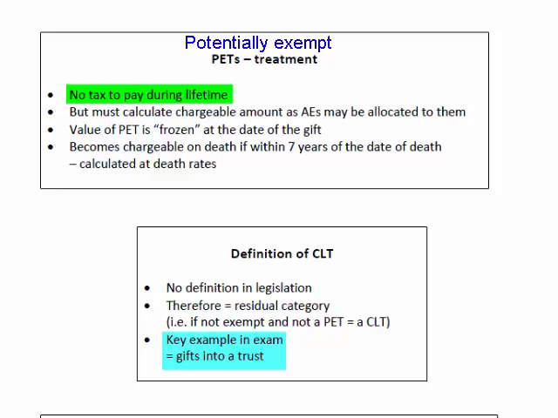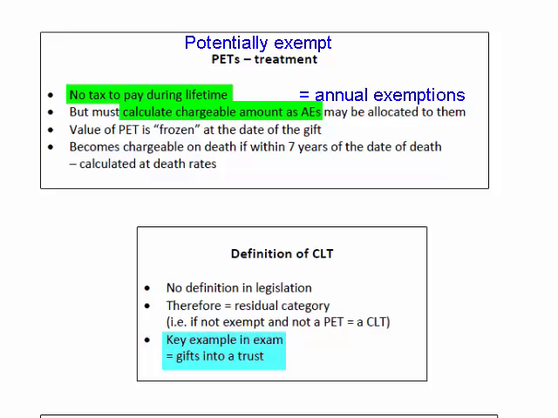We do need to deal with PETs during the donor's lifetime, however, because it is important that you calculate the amount that would be chargeable and use any applicable annual exemptions which may be available. Annual exemptions may be allocated to PETs in preference to CLTs depending on the timing of the gifts.